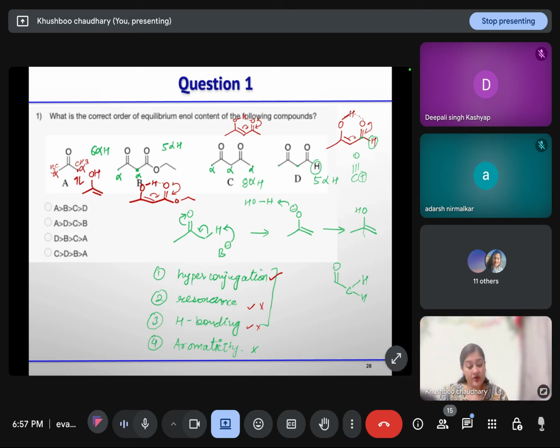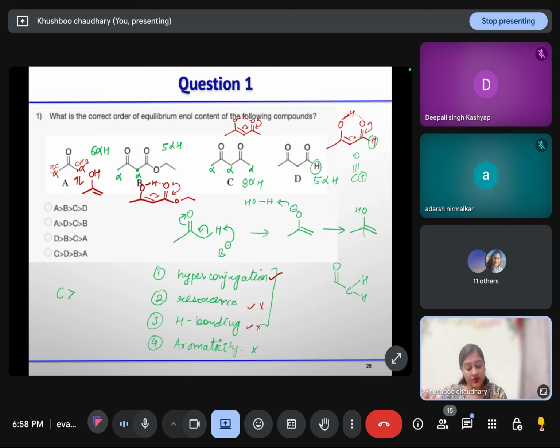Okay. So now based on this, which one is contributing most to the enol content? C. After that, not A. In the A case, we have just alpha hydrogens, so only hyperconjugation is controlling the enol form there. Resonance is not there, hydrogen bonding is not there.